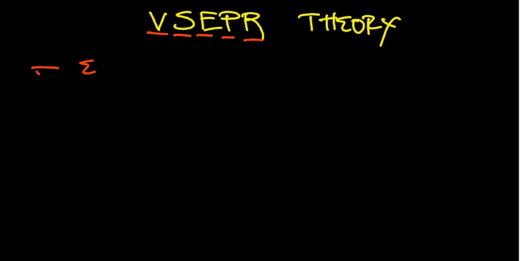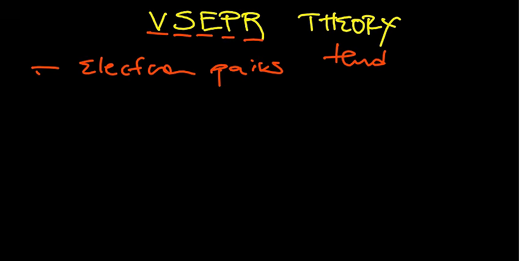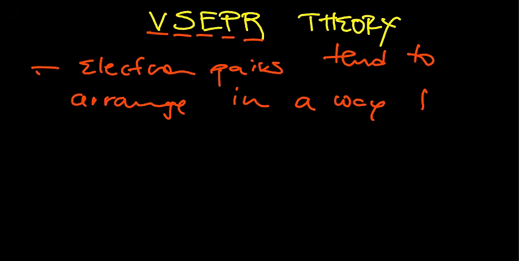So electron pairs tend to arrange themselves to minimize what? They tend to arrange in a way to minimize repulsions. That's exactly what this theory states.